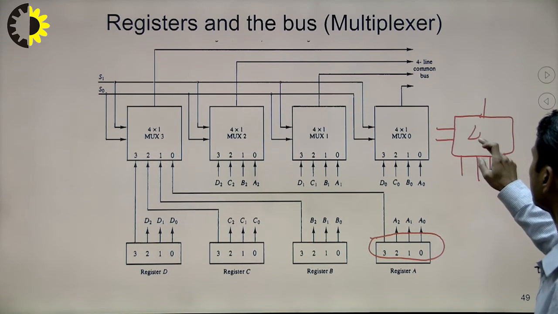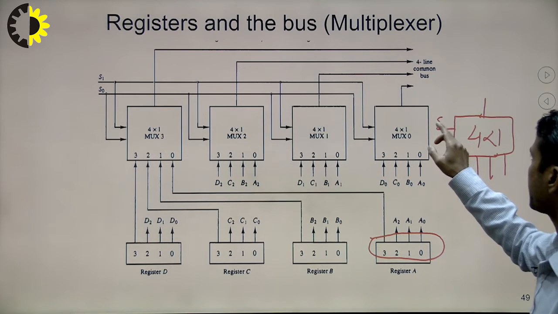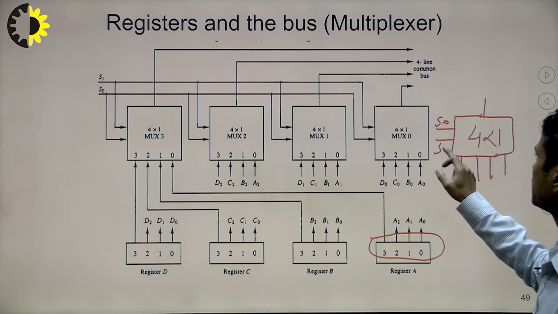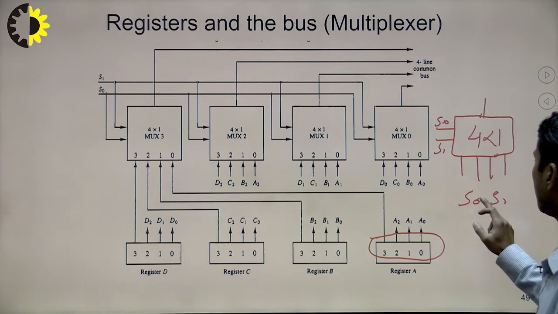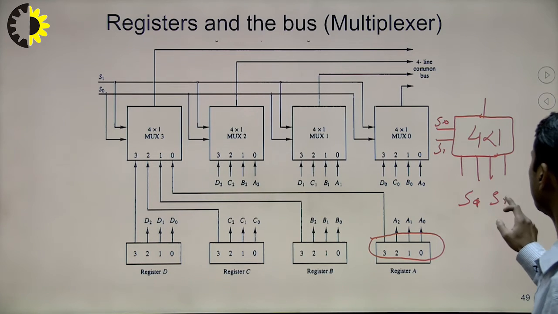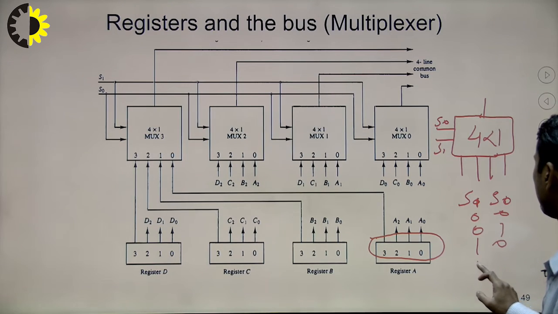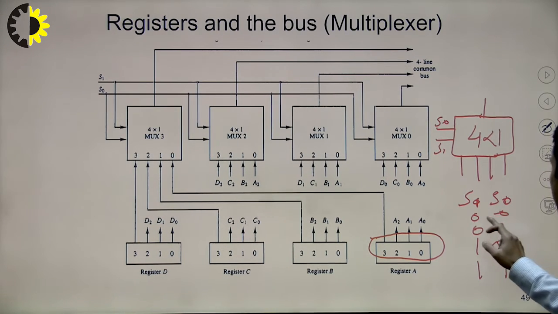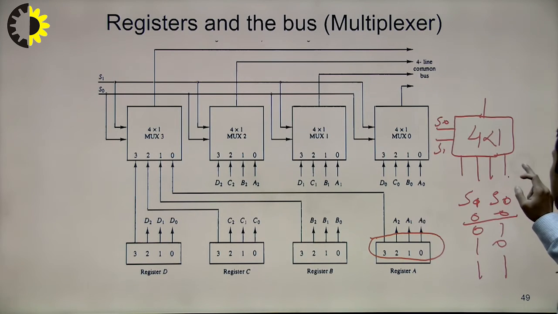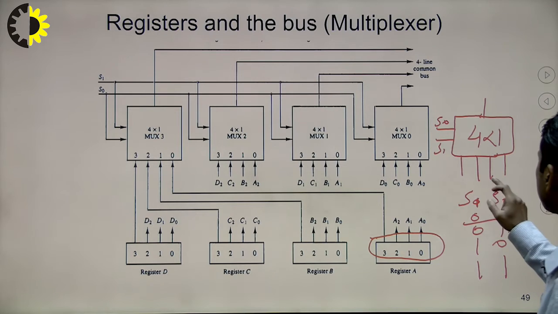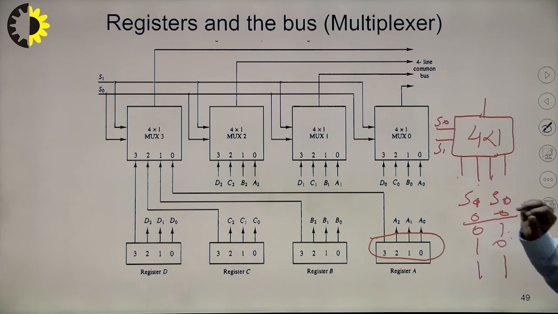That is why it is called a 4 cross 1 multiplexer. So, this selection line S0 and S1 has 4 possible values: 0 0, 0 1, 1 0 and 1 1. At 0 0 the first input will be selected, at 0 1 the second, at 1 0 the third, and at 1 1 the fourth will be selected.